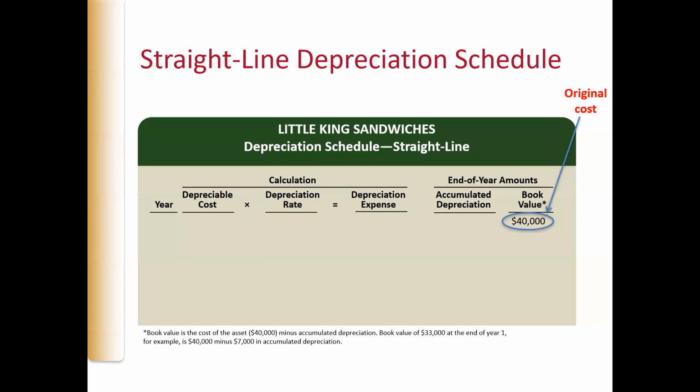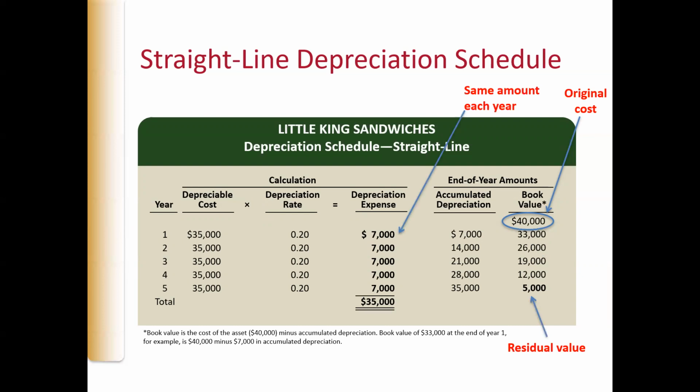So after the first year, we take 7,000, or 20% of the depreciable cost, since it's over 5 years.